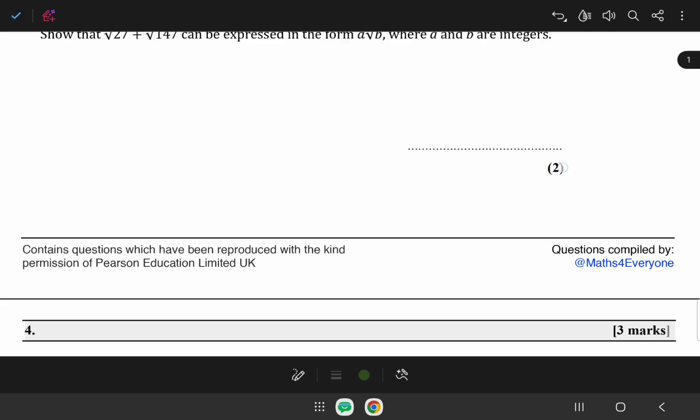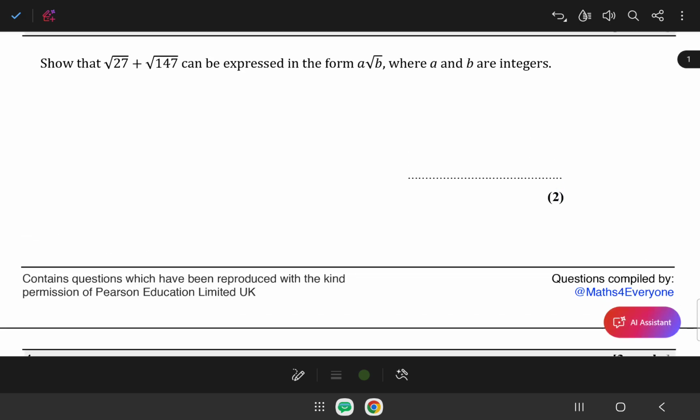Our second question is: show that root 27 plus root 147 can be expressed in the form a root b, where a and b are both integers. An integer is a whole number that can be negative or positive, also with 0 involved. First, let's start by simplifying.